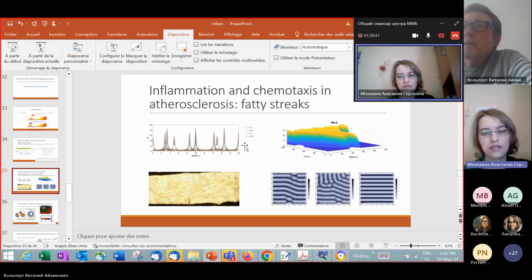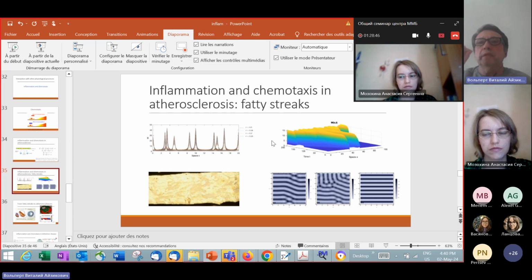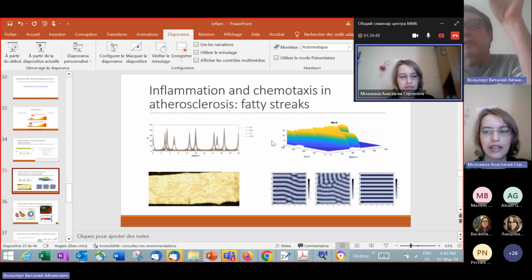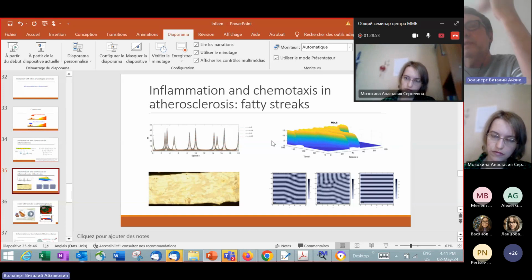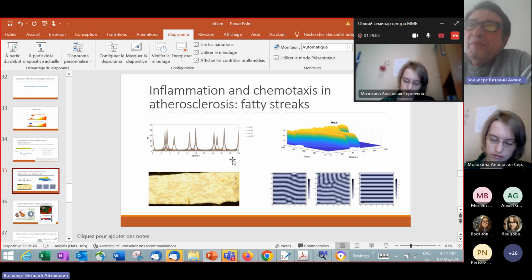So they are not moving with time. Yes. They are stationary. Okay. And we associate this instability with plaque formation. In particular, what we studied, it's another interesting study from my point of view, which we cannot publish for some mysterious reason. When we talk about fatty streaks, it is the first stage of plaque formation in atherosclerosis.